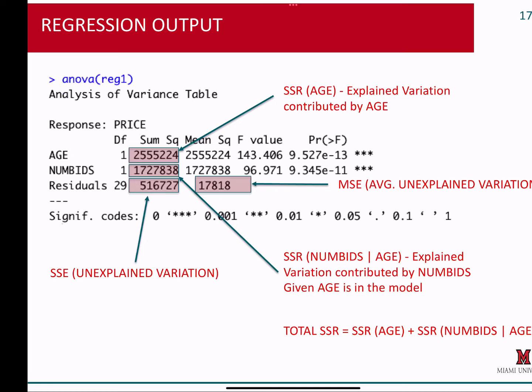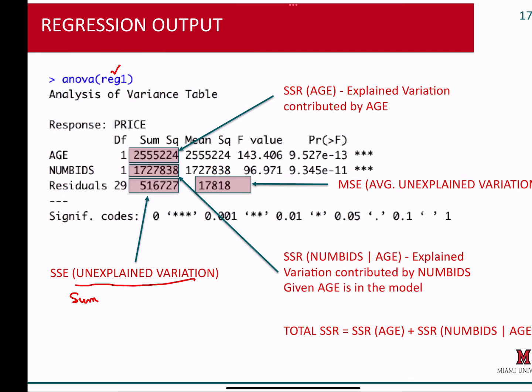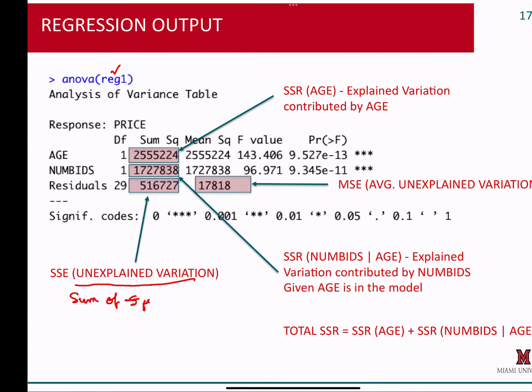When we get an ANOVA function on the regression object that we saved, we get this output. The output contains a few things. We get the unexplained variation, the SSE. The SSE value is the sum of squared errors, which is a measure of how well the model fits.